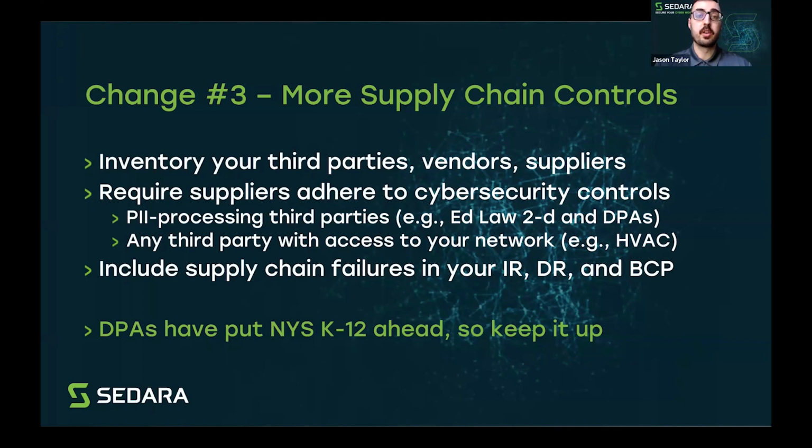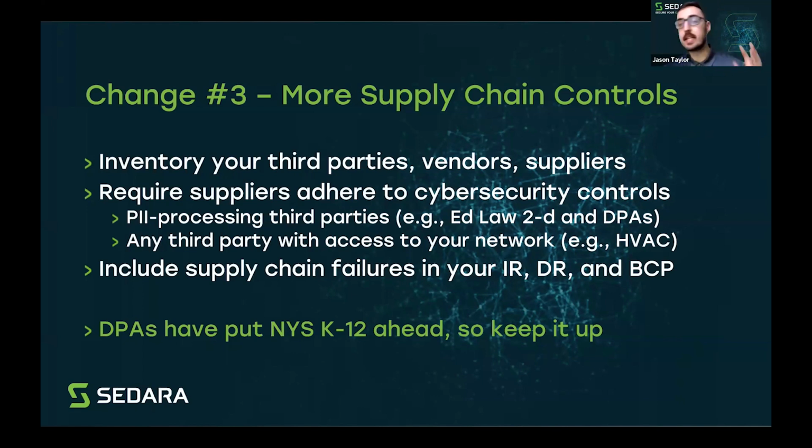We also need to make sure that we're thinking about problems to our supply chain because we live in such an interdependent, technology-driven world. How would problems to our supply chain affect our day-to-day operations of making school happen? And we should include those considerations in our various contingency plans like incident response, disaster recovery, or business continuity.